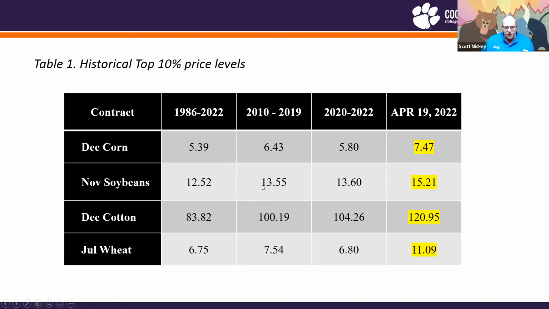If you look at these other crops, it's the same scenario. Soybeans, $12.52 over the last 36 years. Today, about $2.50 higher at $15.21. December cotton, it's 84 cents as a top 10 price since 1986. We're at $1.21. That is almost 40 cents higher than the normal top 10% price.